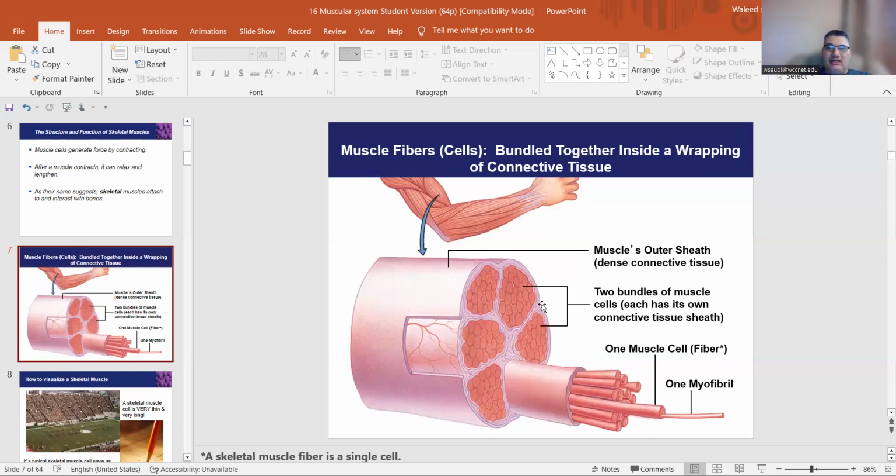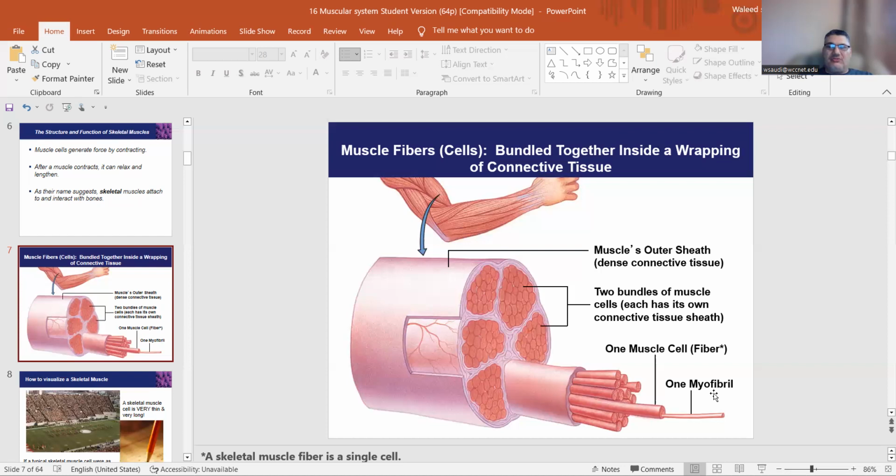Each bundle is also surrounded by connective tissue. If you go inside the bundle, you will see muscle fibers, which are muscle cells, inside of which we have myofibrils, inside of which we will have filaments.